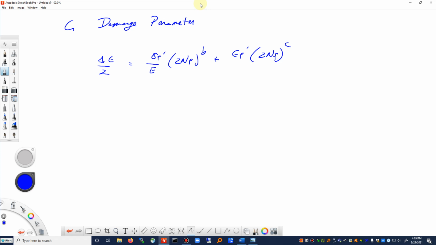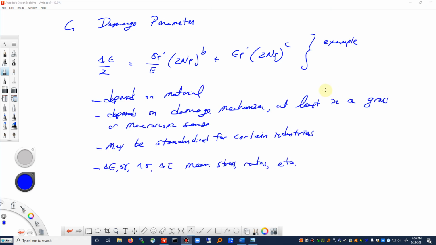So let me write a few notes on this page about what I've just talked about, and then we can take a look at our damage accumulation technique. All right, so maybe just a couple words to summarize. It could depend on the material, it depends on the damage mechanism, at least in a gross or macroscopic sense, maybe standardized for certain industries, and you could put anything in it that you want, really, that makes sense.